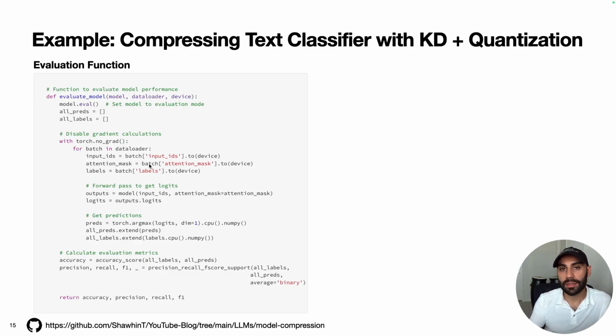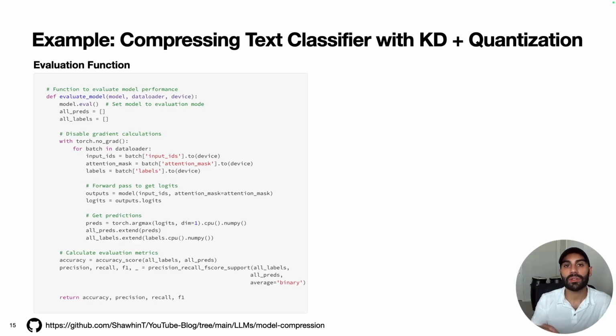First, we're going to load all the data onto the GPU. So that's the input tokens, the attention mask, and the labels. Then we're going to perform the forward pass. So we're going to compute model outputs, and then we're going to extract the logits from the outputs. This logits variable here will actually consist of two numbers, one corresponding to the probability that the URL is phishing, and another corresponding to the probability that the URL is not phishing.